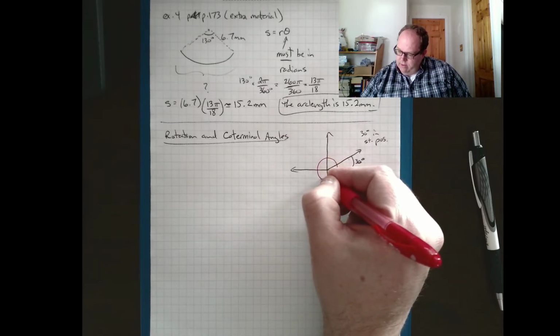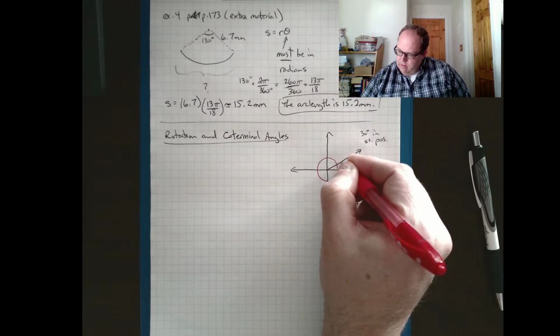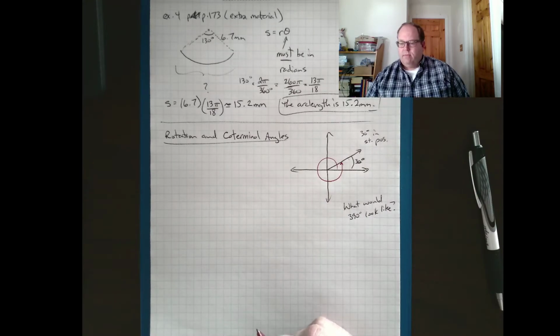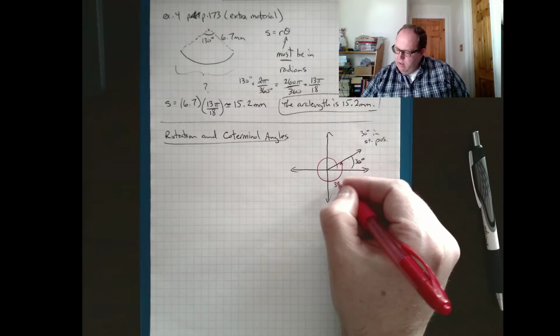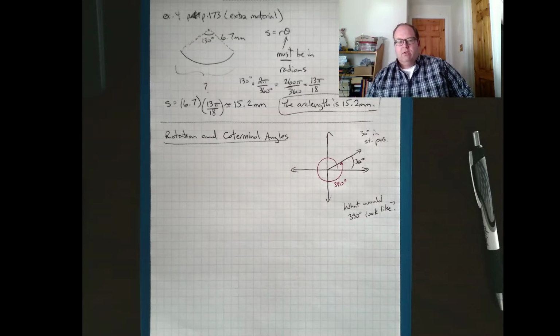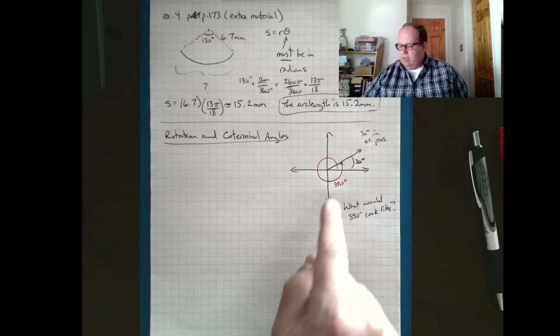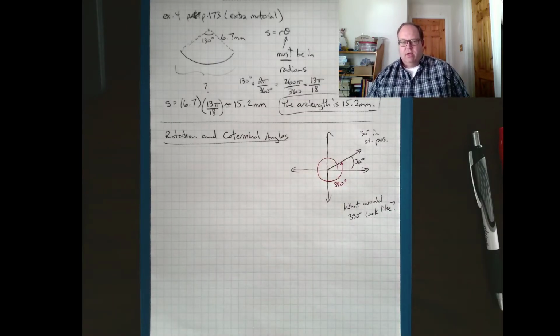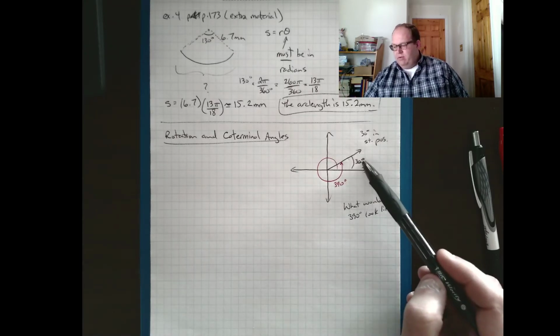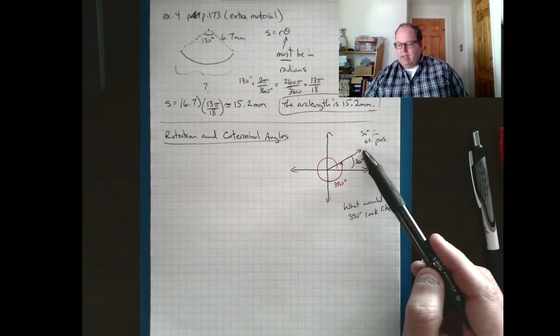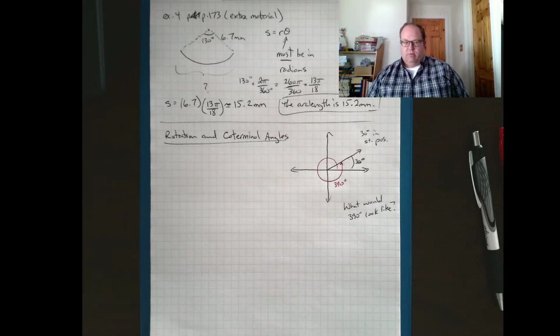It might look a little awkward, but this sort of thing would do it. This would be 390 degrees shown in standard position. So you might start to notice that as you go past 360 degrees, you start to get angles that look a lot like each other. In fact, the terminal arm for 30 degrees and 390 degrees is located at the exact same spot. And that's where we get into this notion of coterminal angles.